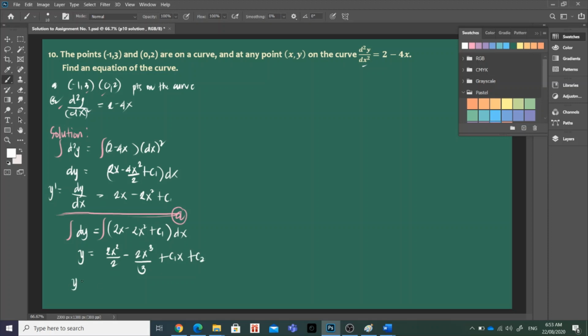And then we simplify. This is x squared minus 2/3 of x raised to 3 or x cubed plus c sub 1x plus c sub 2. So this is our equation B.